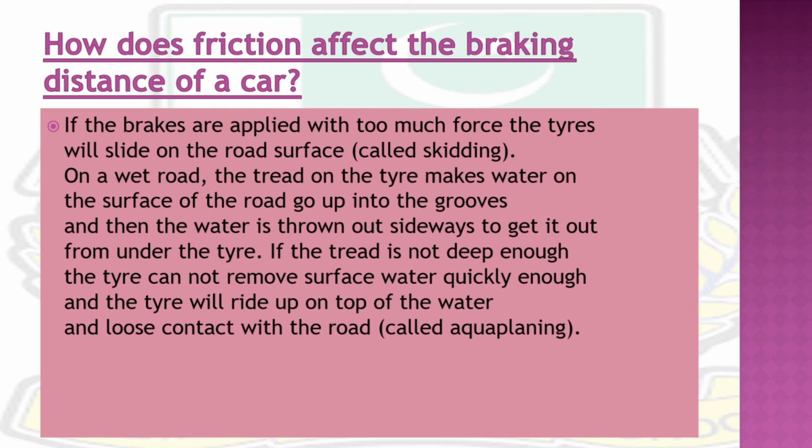On a wet road, the tread on the tire makes water on the surface of the road go up into the grooves, and then the water is thrown out sideways to get it out from under the tire. If the tread is not deep enough, the tire cannot remove surface water quickly enough, and the tire will ride up on top of the water and lose contact with the road. That is called aquaplaning.